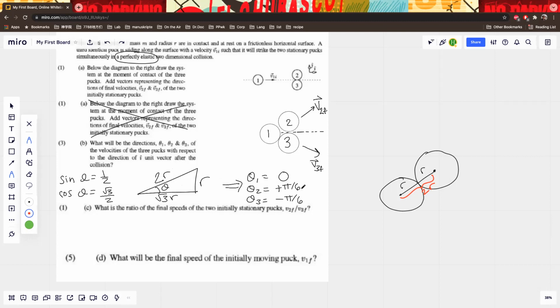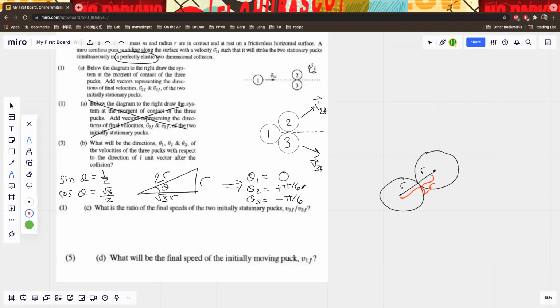I think I'm wrong now, because when you take into account the radii of everything and make that triangle there, it does turn out to be pi over 6.